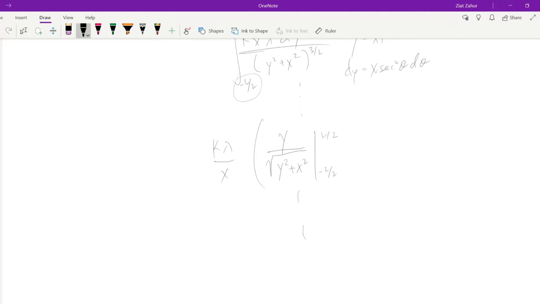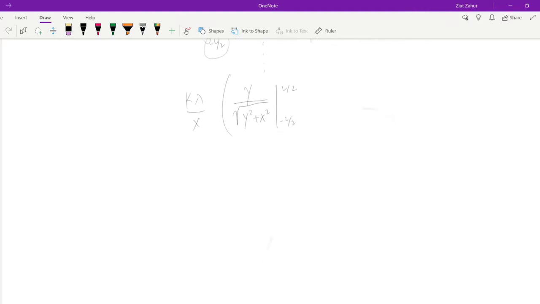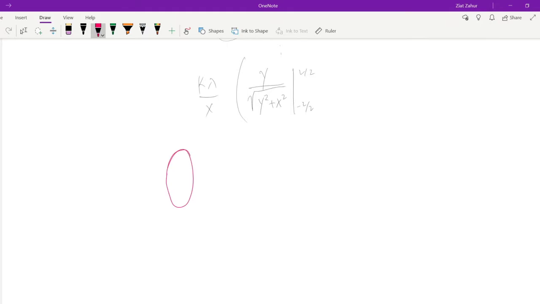Okay, so anyway, that's how we did the rod. You should be able to do thin little rings, so do this one as an exercise. A looped conductive string or something.